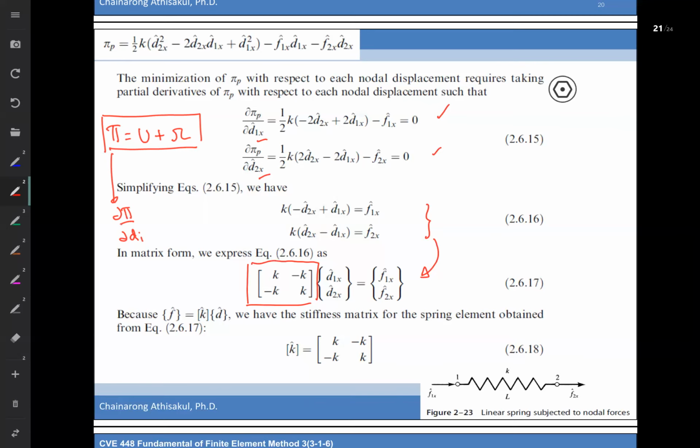Then we obtain n equations for n degrees of freedom. Okay, we will talk about the potential energy method again for the bar element, but for now we should end this clip.